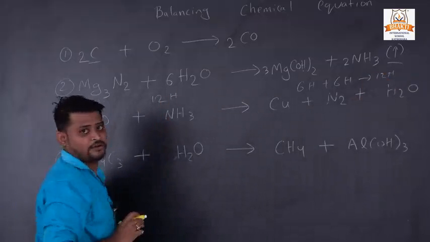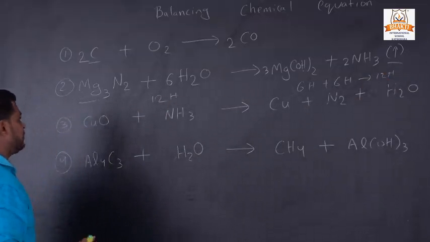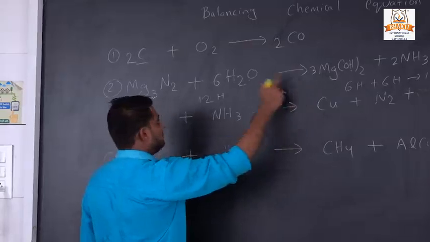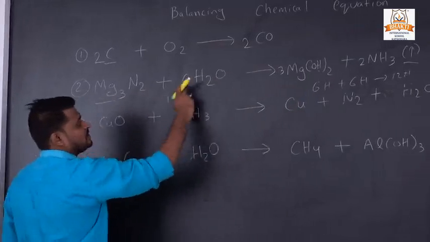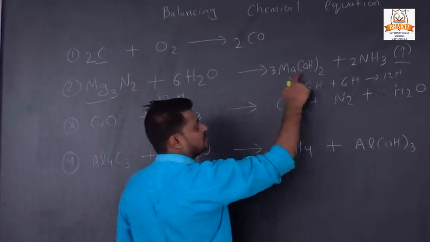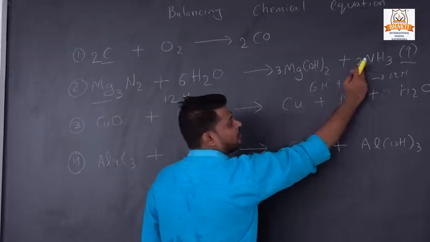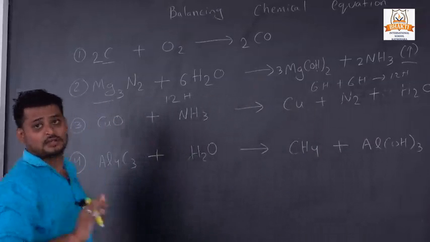Here 12 hydrogen, so this equation is balanced completely. Now we check again: magnesium 3, 3, nitrogen 2, 2, oxygen 6 and 6, hydrogen 12, here 6 and 6, 6 plus 6 is 12, so the whole equation is balanced.